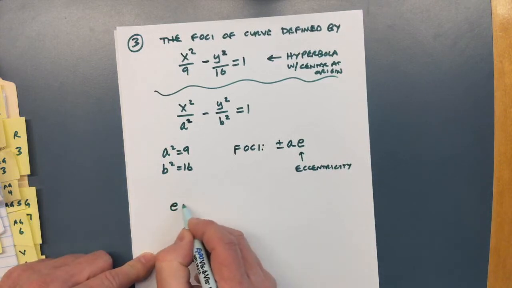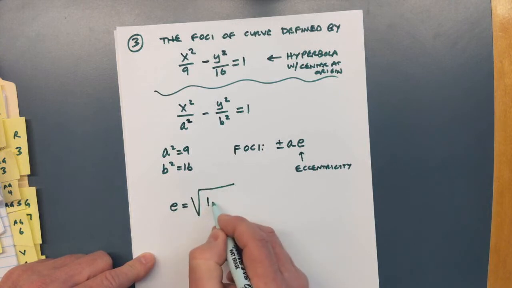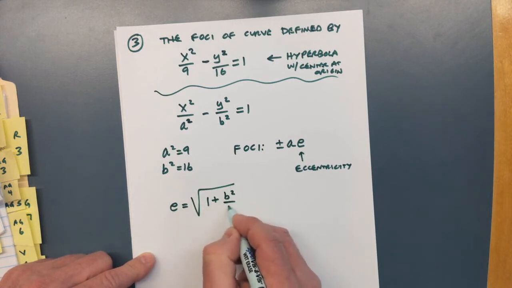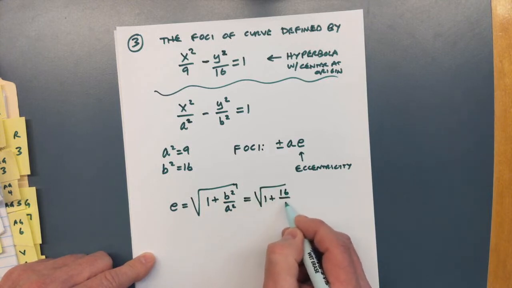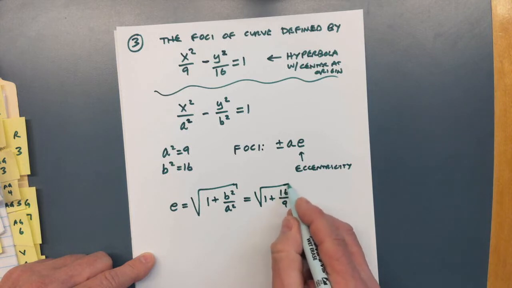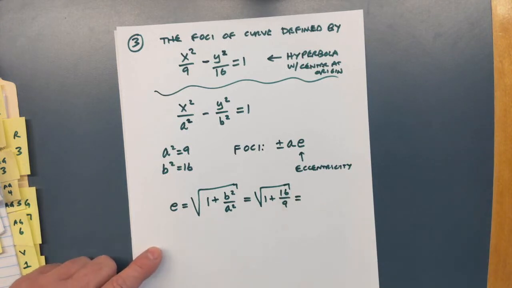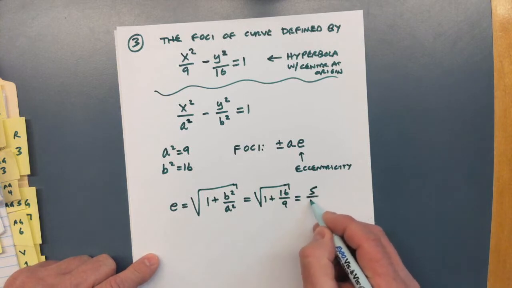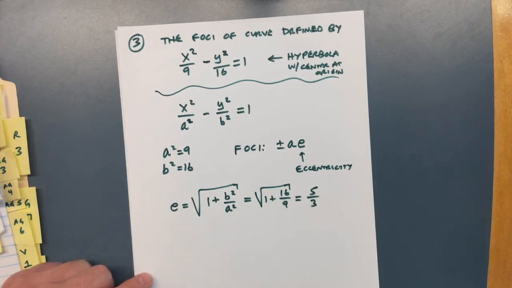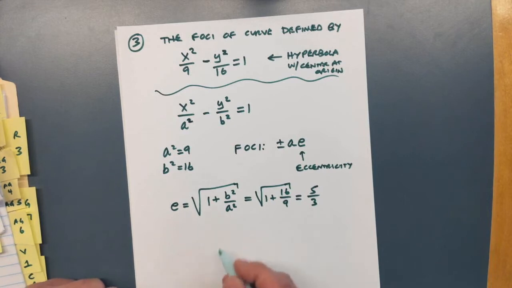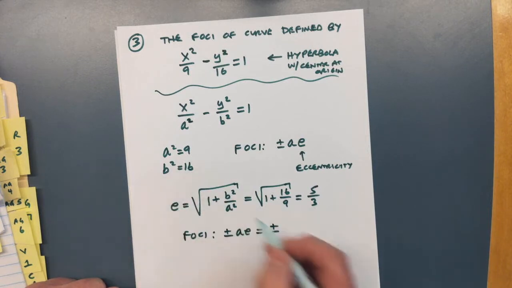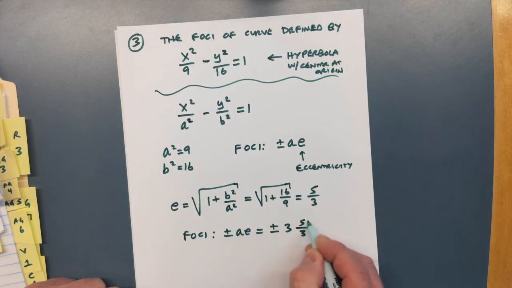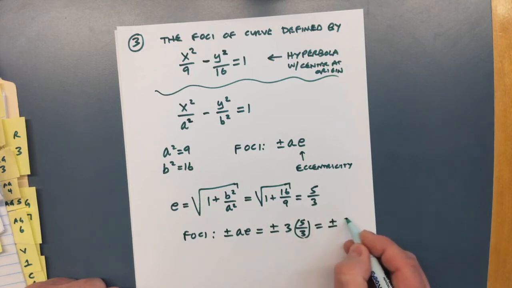That's defined as the square root of 1 plus b squared over a squared. So that's the square root of 1 plus 16 over 9, which turns out to be 5/3. And so the foci are at plus minus ae, which is plus minus 3 times 5/3, which is plus minus 5.